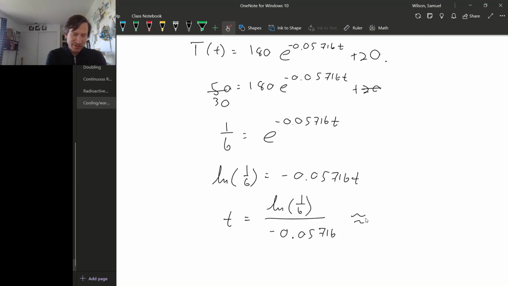Natural log 1 over 6 divided by negative 0.05716, 31.35. And this is in minutes, remember. So we're going to have to wait a little over half an hour for this lump of metal to be cool enough to handle.